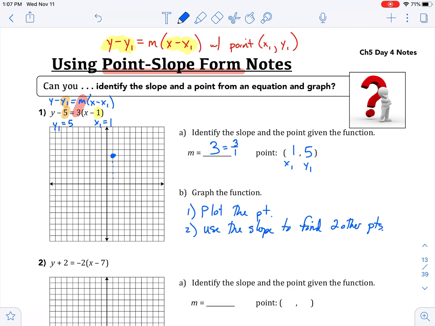And then with a slope of 3, we're going to go up 3 and over 1, or down 3 and left 1. Grab ourselves a straight edge, make that line straight, and there is our line with a slope of 3 passing through the ordered pair 1, 5.